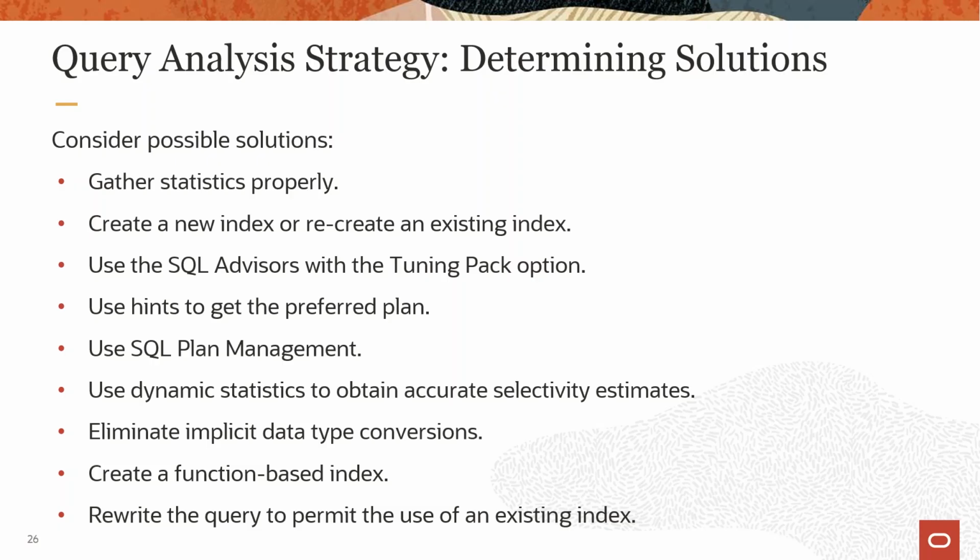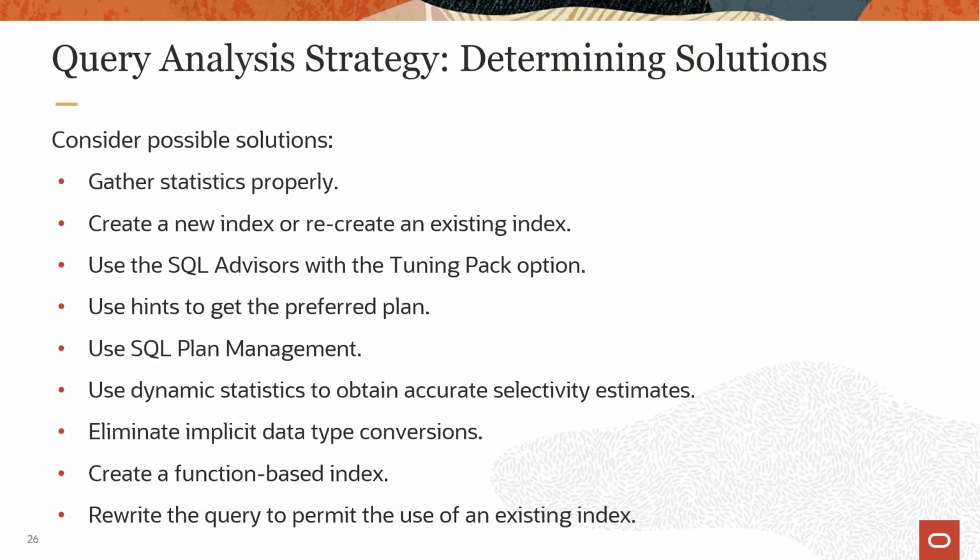Like I've already mentioned a couple of times, make sure that the optimizer statistics are there and that they are up to date. Also, maybe an index can alleviate the problem of the bad SQL, or maybe there's an existing index that needs to be recreated, coalesced or rebuilt.